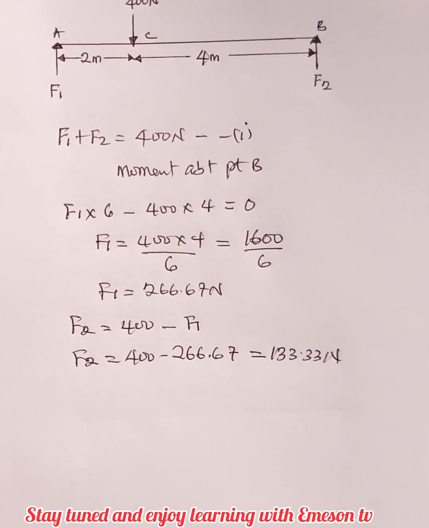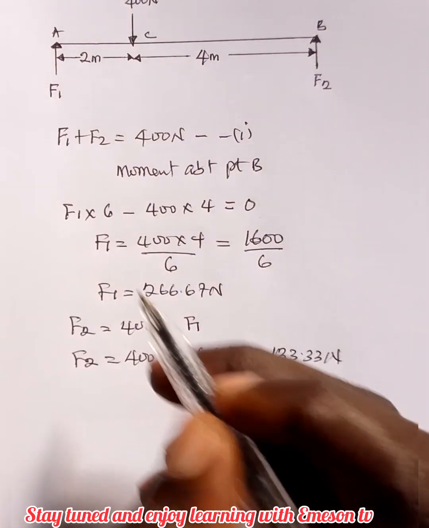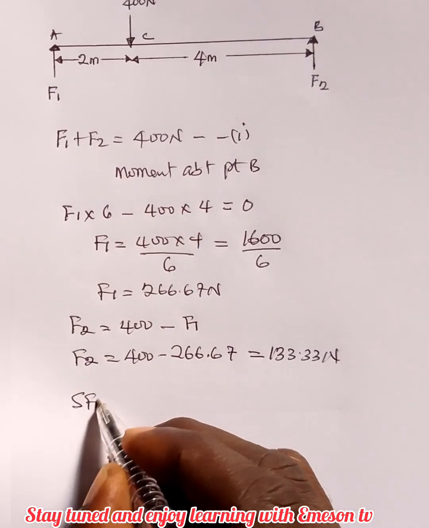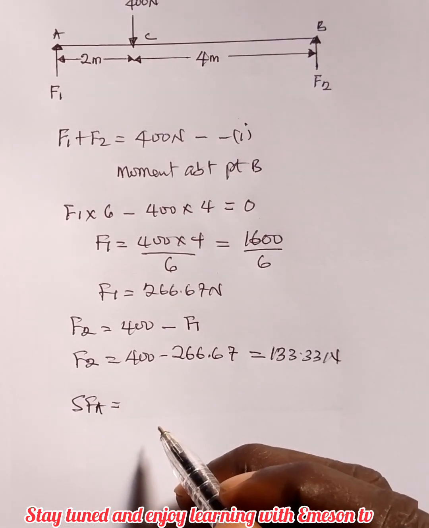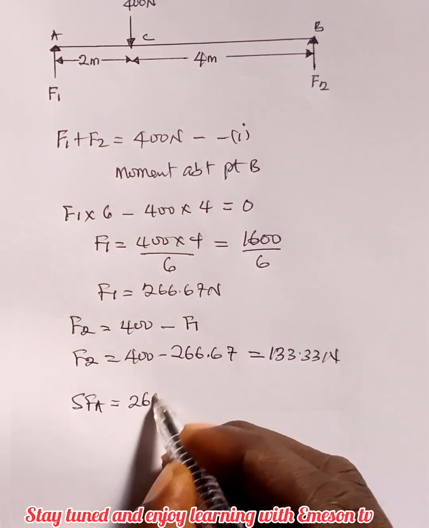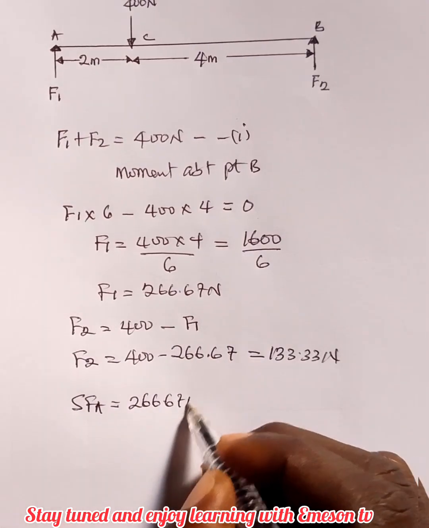Having done that, let us now determine the shear force values and the bending moment values. The shear force at point A is equal to the value of the reaction force at that point, which is F1, 266.67 Newton.